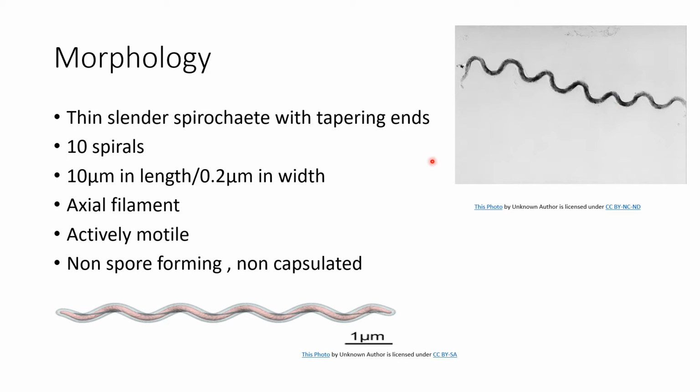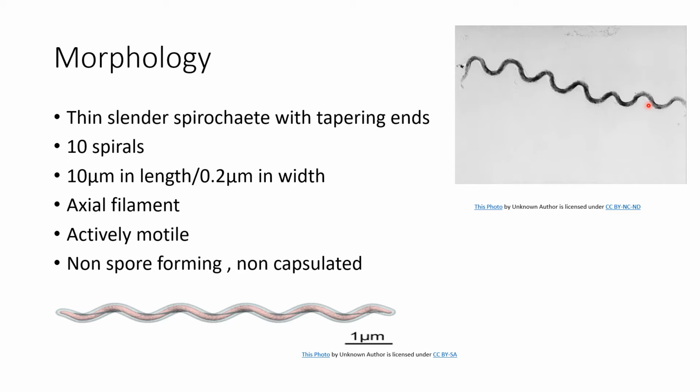Coming to their motility, they are very actively motile organisms, but they don't move with the help of external flagella like other bacteria. They move with the help of a flagella which is running throughout the body of this organism. Running throughout the body in the sense, this flagella is present in between the outer membrane and the cell membrane of this organism.